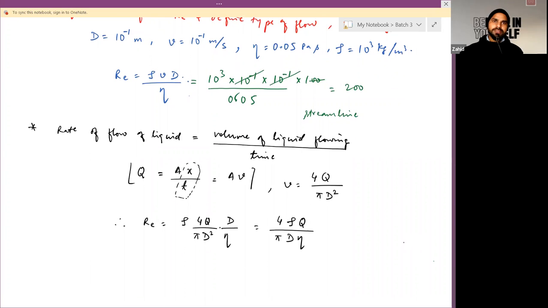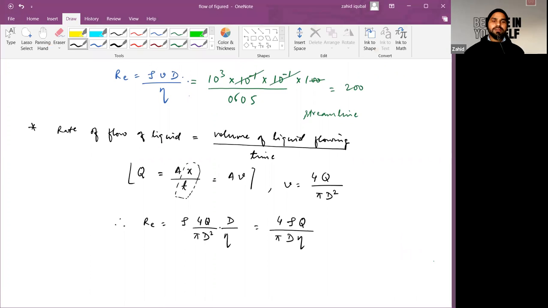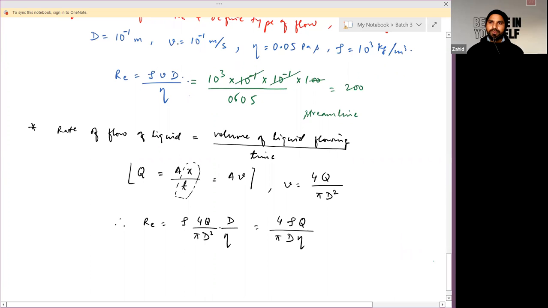You'll be asked another question related to this: to define Reynolds number in terms of force. Suppose Re equals rho Vd by eta. We can write rho, which is density, as mass divided by volume. Velocity, if the initial velocity of the object is 0, according to the equation of motion, v is equal to at.